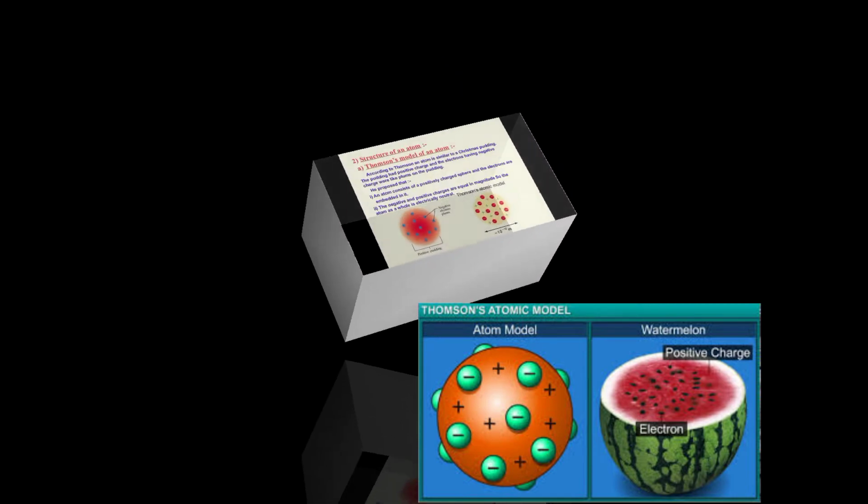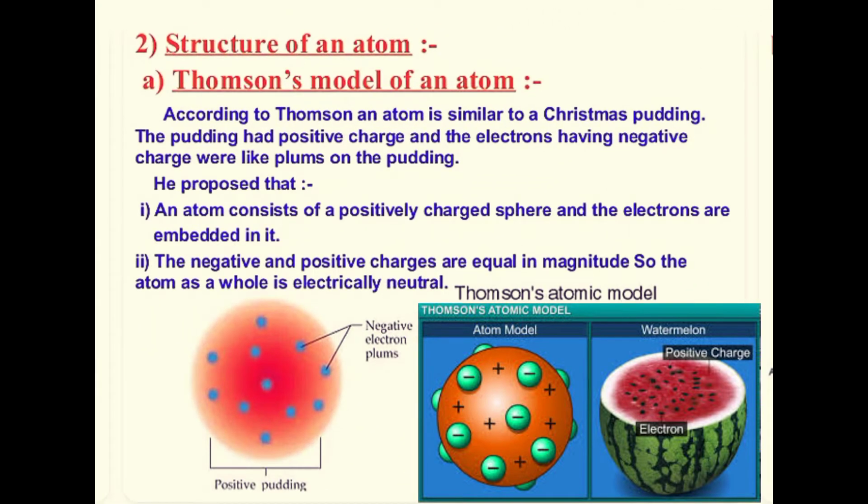The next clip is now in front of you, and it is about the structure of the atom. J.J. Thomson's model of an atom. According to Thomson, an atom is similar to a Christmas pudding. The pudding is positively charged and the electrons, which are negatively charged, are like plums in the pudding.